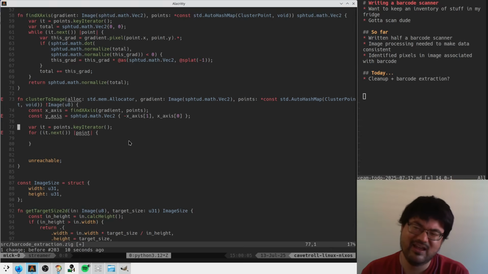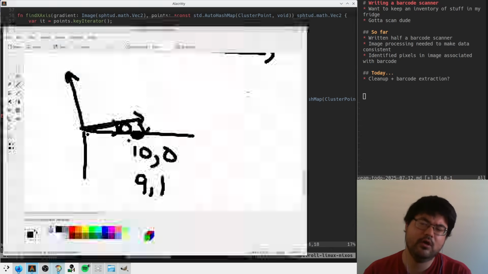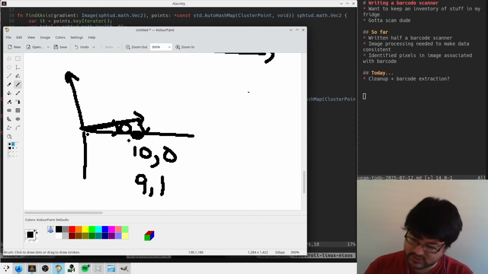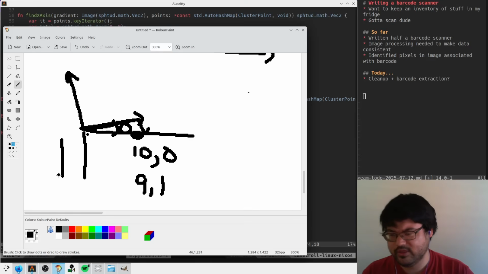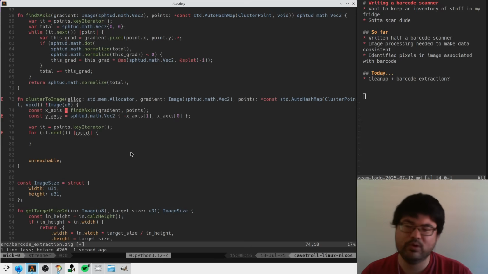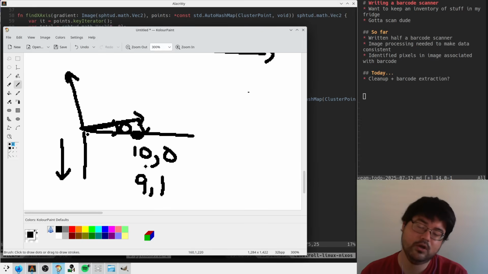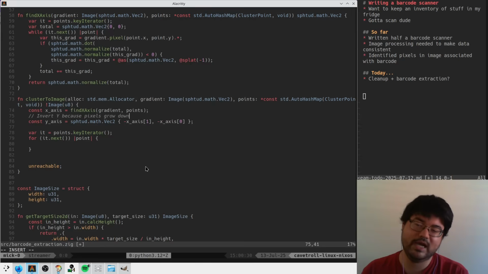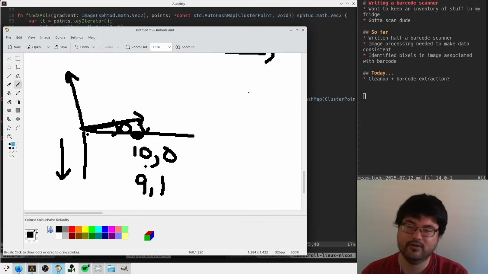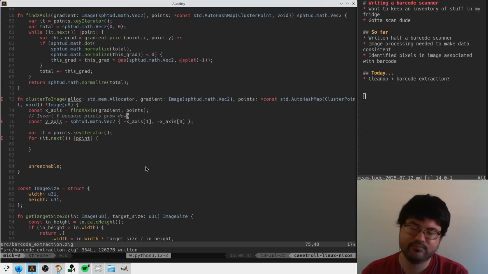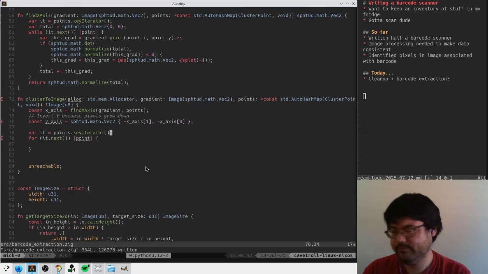Now, also, pixel positions here grow this way. So we might want to invert our y here. Inverting y because pixels grow down. I think that makes sense, but I don't know, man. It might not matter.